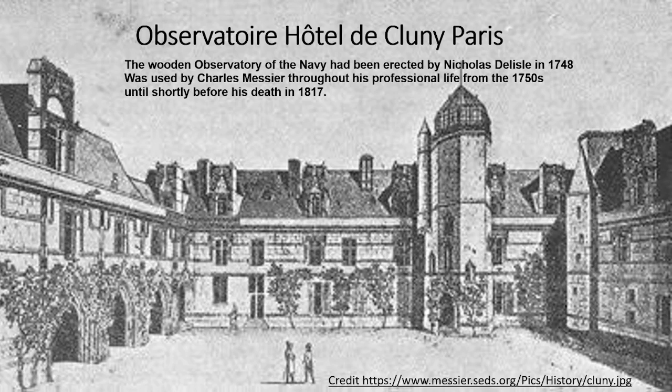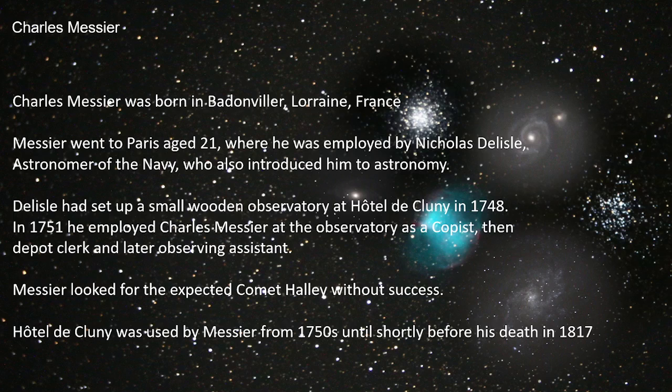And then afterwards, under his direction, Messier looked for the expected Halley's Comet, and he couldn't find it because Delisle had basically got the calculations wrong. It's a little bit disturbing because it says that he implied that everybody over the age of 70 might as well give up.